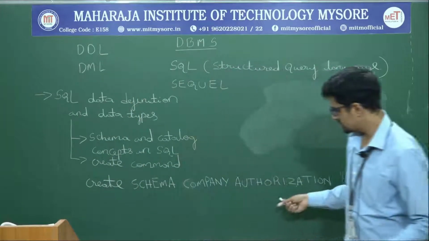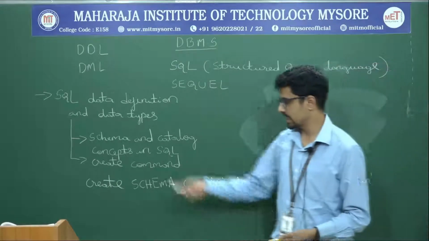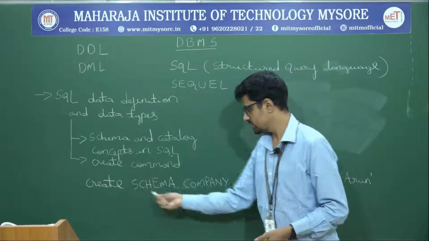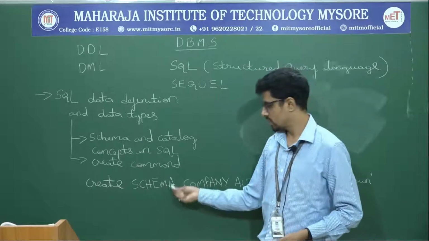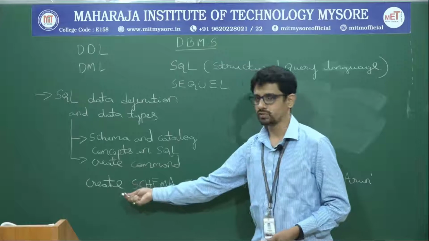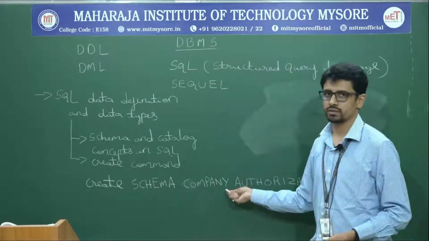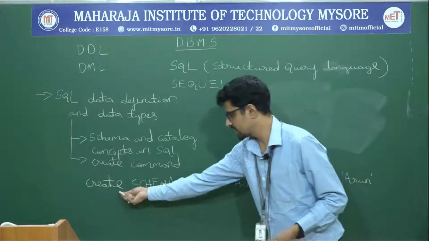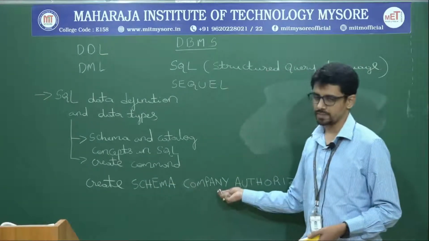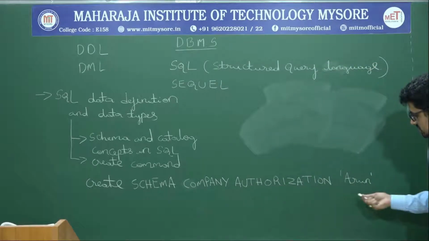So as you can see, there is one more way of creating a database, as I spoke about just now: create schema, or else instead of the schema keyword, you can also use in MySQL create database and a name for it. So here they are creating a create schema company, followed by authorization.